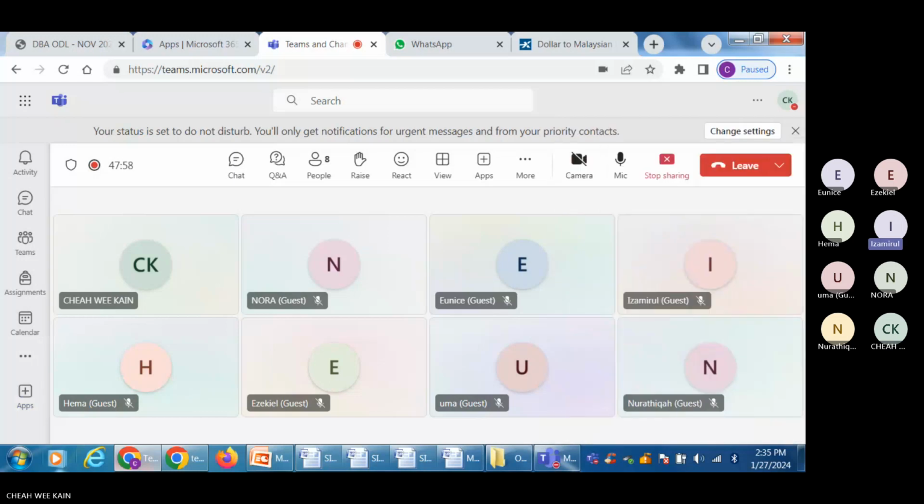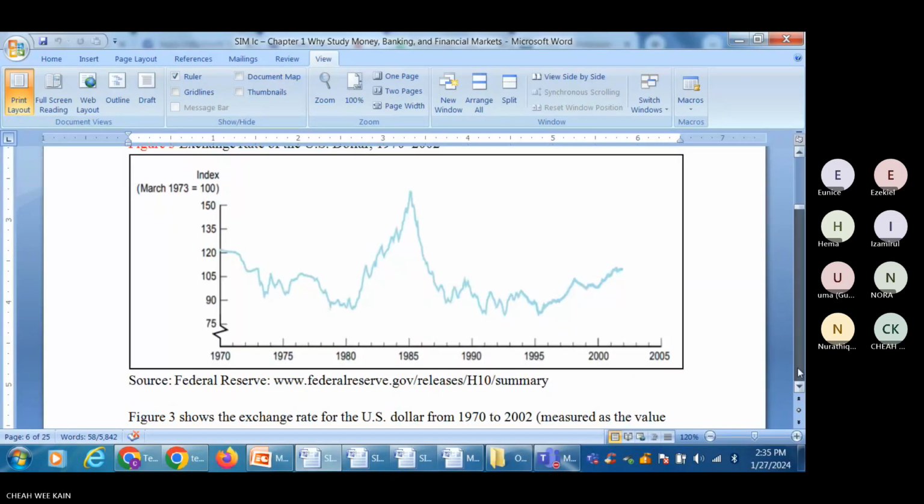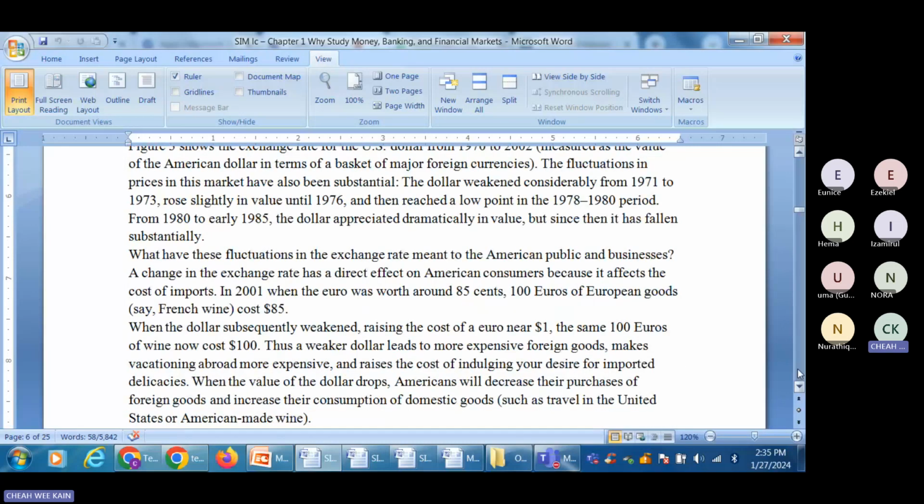Foreign exchange is not only for traveling, when you go to another country and have to buy another currency to use there. It's also used for trade.